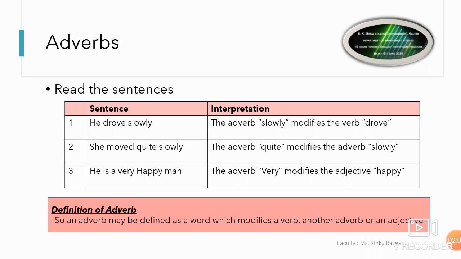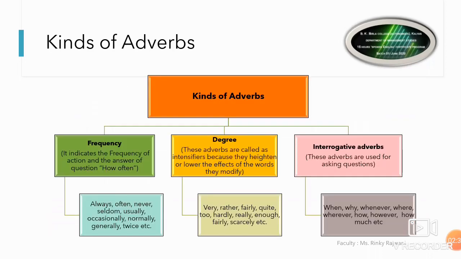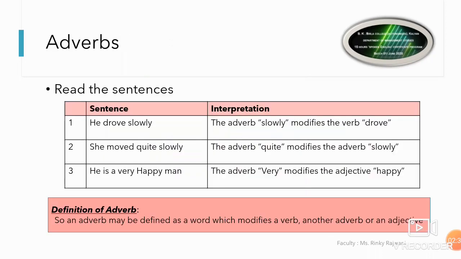From the interpretation of statements 1, 2 and 3, I can say that an adverb usually modifies a verb or another adverb or an adjective. So an adverb may be defined as a word which modifies a verb, another adverb or an adjective.